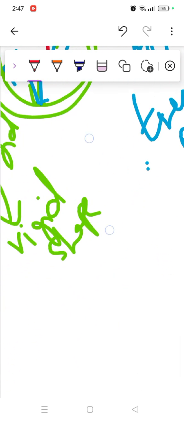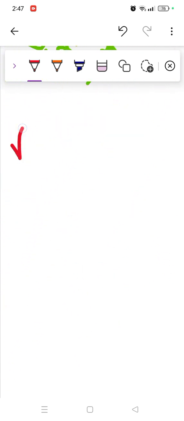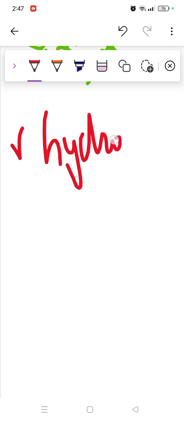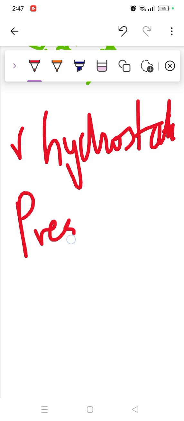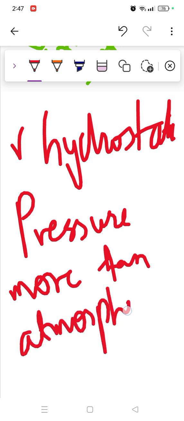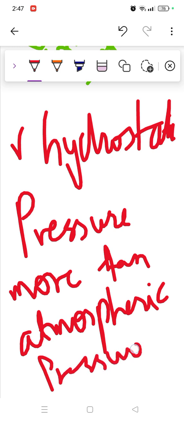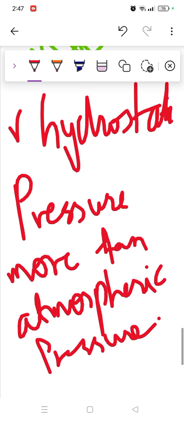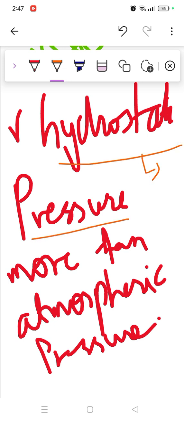Then if I tell you the definition which is written in our book, it's called hydrostatic pressure, which is more than atmospheric pressure. Hydrostatic, if I explain in simple words, is water pressure, and that would be more than the atmospheric pressure.